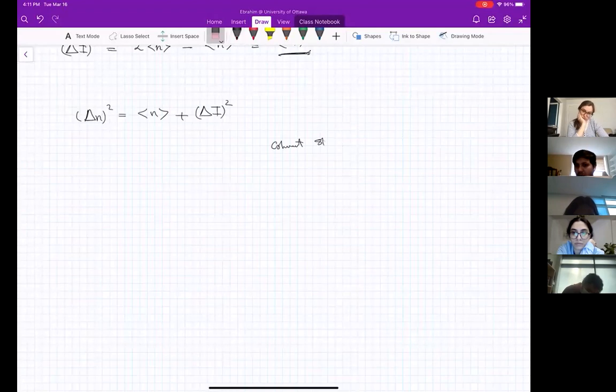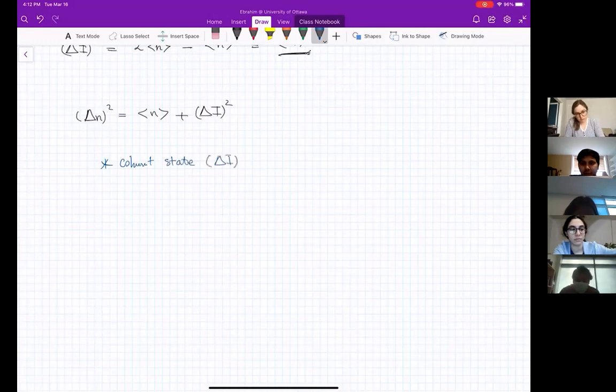Let's write it in a better way because it's important. For the coherent state, ΔI² is equal to 0, then what we will get is Δn² is equal to n̄.